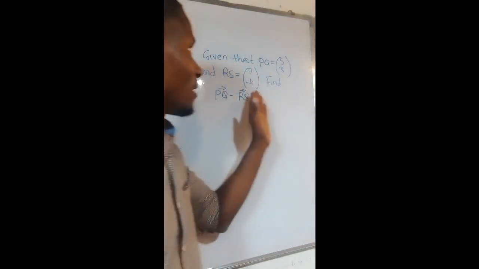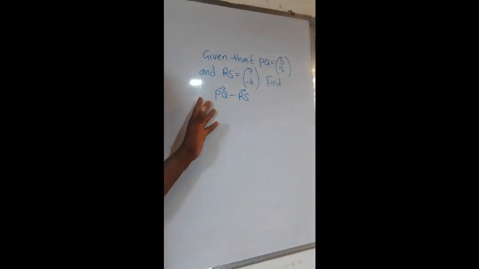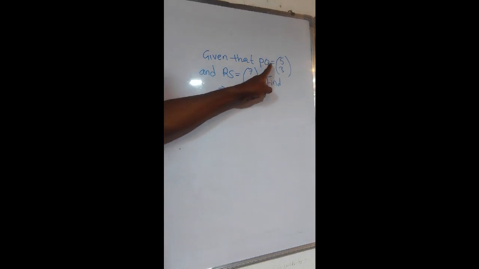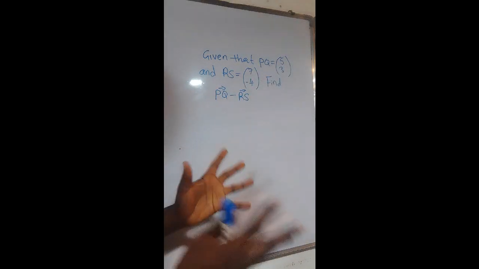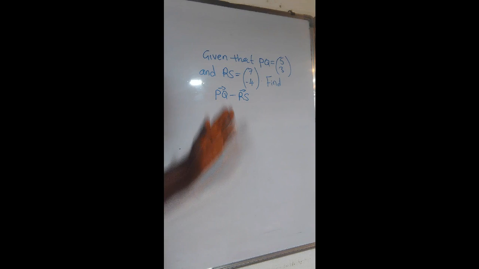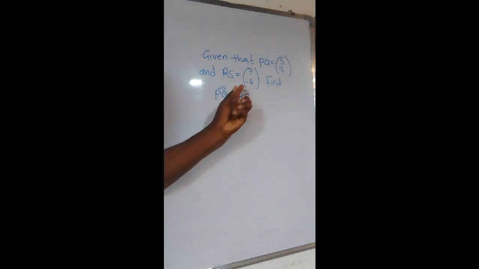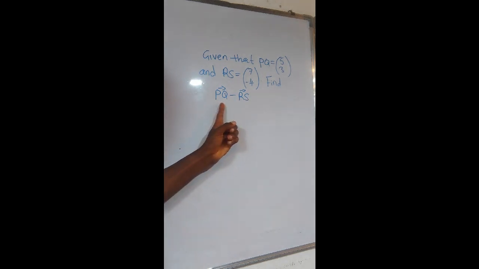When you look at the example we have, it says: given that PQ equals (5, 3) and RS is (7, -4), find vector PQ minus vector RS.